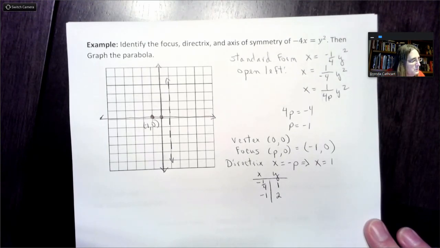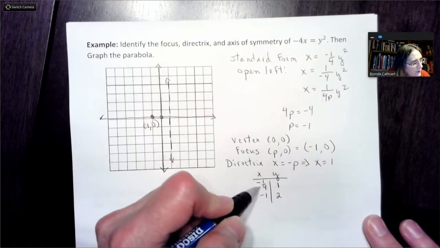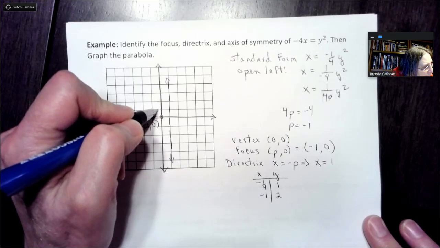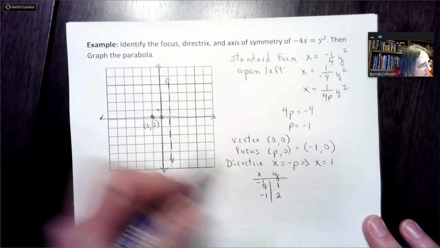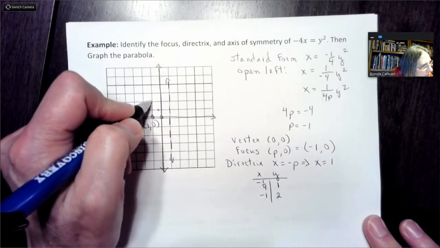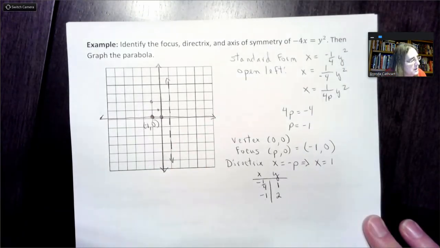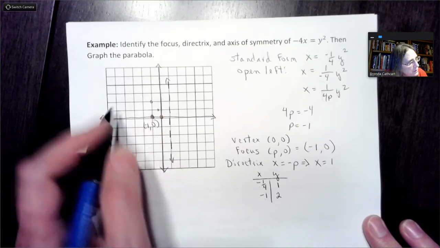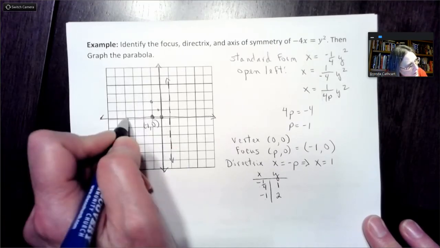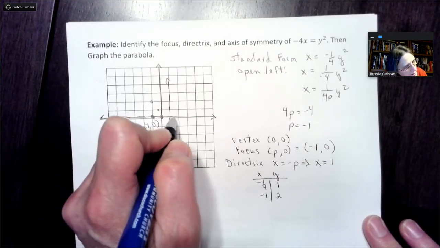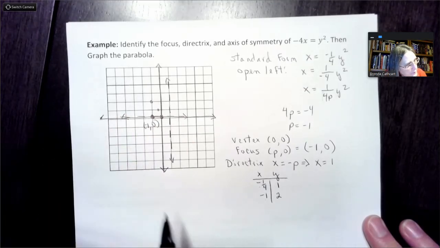So let's graph those points. We have x is negative 1/4 and y is 1. We have x is negative 1 and y is 2. Our axis of symmetry, which we haven't mentioned yet, remember our axis of symmetry goes right through the focus and the vertex. So our axis of symmetry is right here.